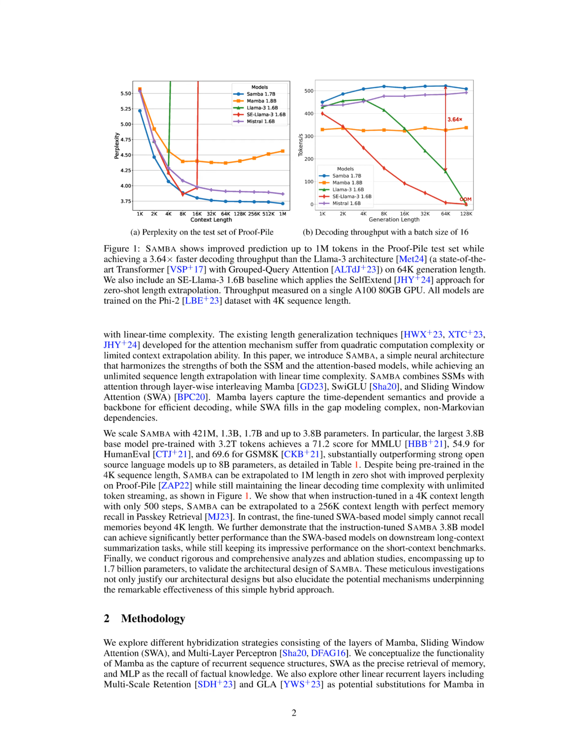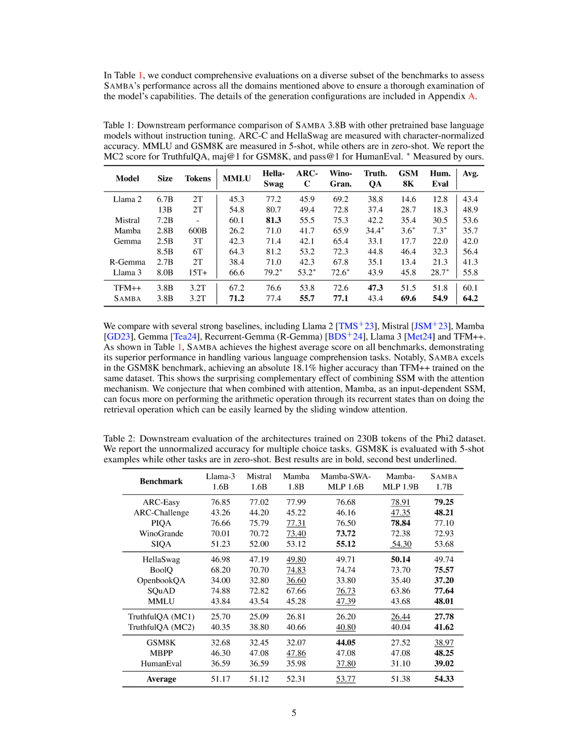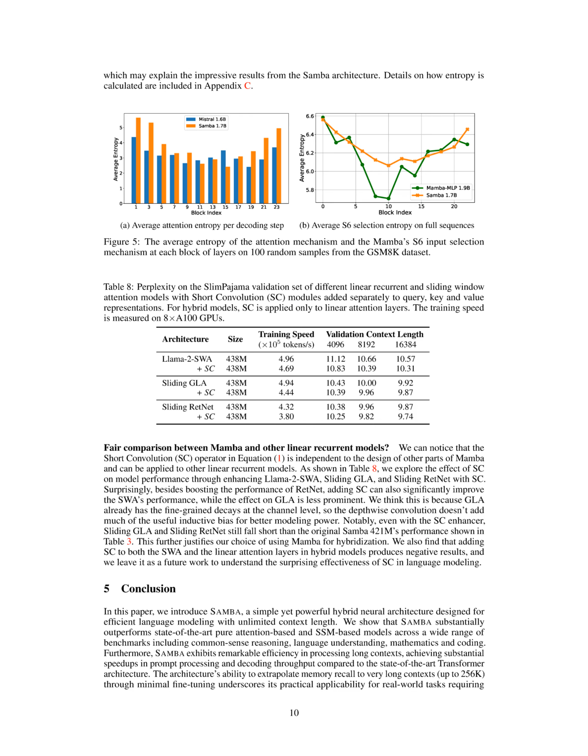4. Hybridization strategy. SAMBA harmonizes Mamba's recurrent sequence structures with SWA's precise memory retrieval and MLP's nonlinear transformations. This hybrid approach allows SAMBA to excel in handling various language comprehension tasks by leveraging the strengths of both SSMs and attention mechanisms. 5.